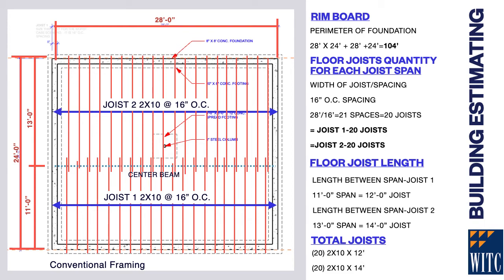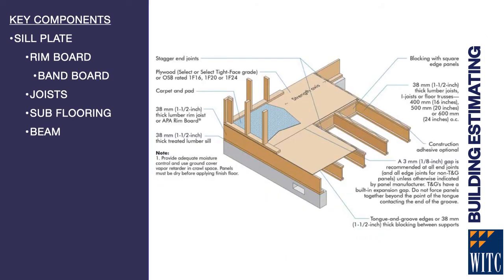So in this same example, we have 20 joists that are 2x10s at 12 foot, and we have 20 joists that are 2x10s at 14 foot long.